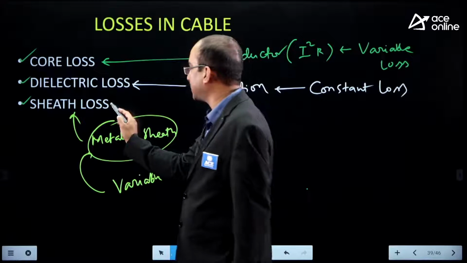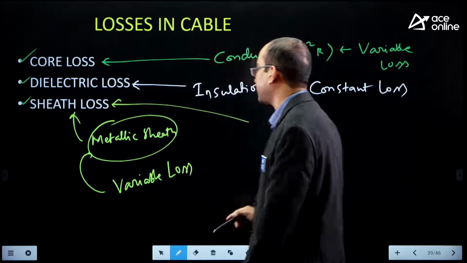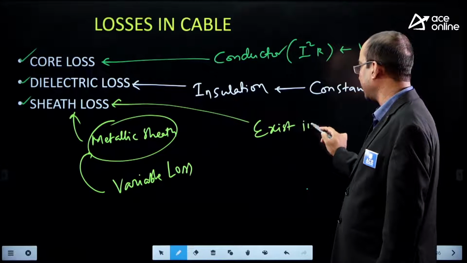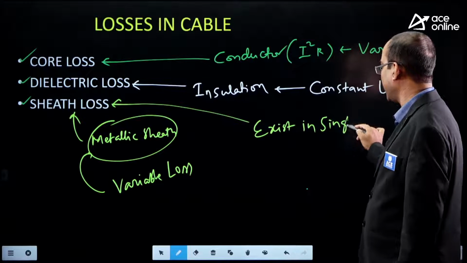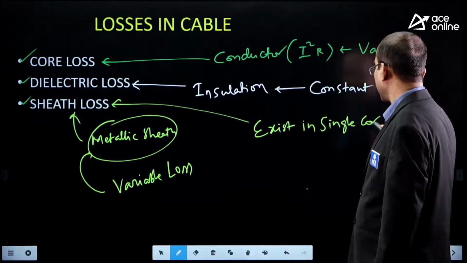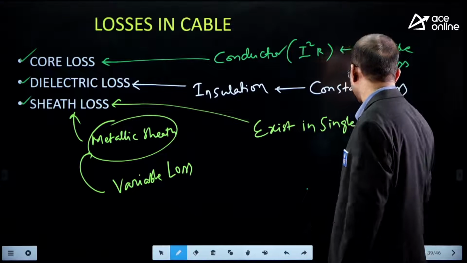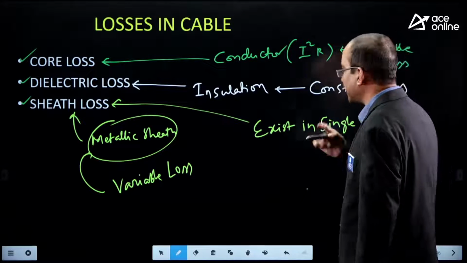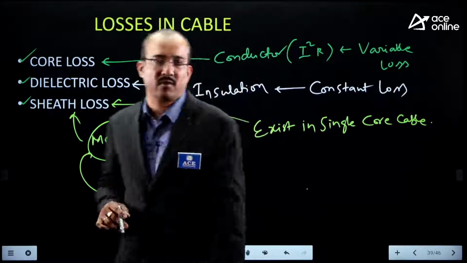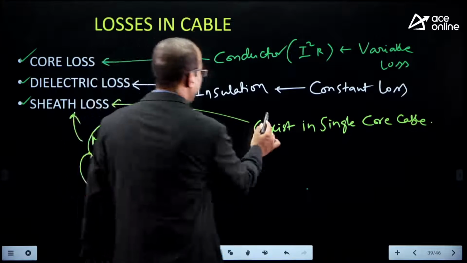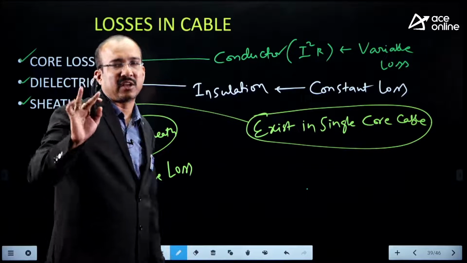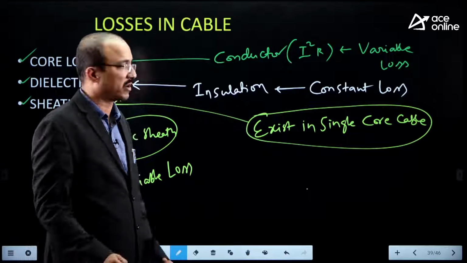And this sheet loss exists only in case of single core cable. In case of 3-core cable, sheet loss is 0. Only single core cable has sheet loss. There will not be any sheet loss in case of a 3-core cable.